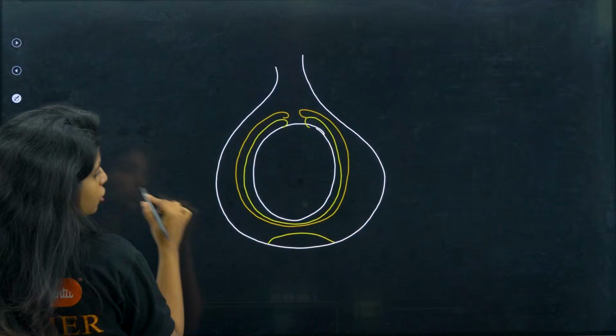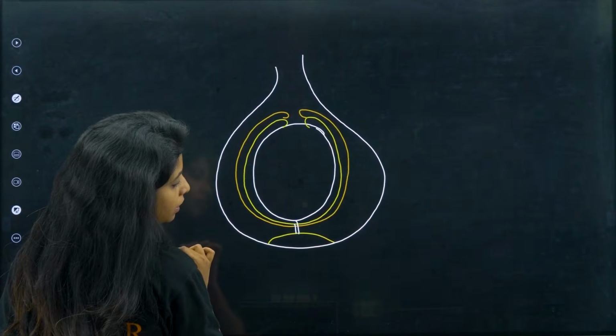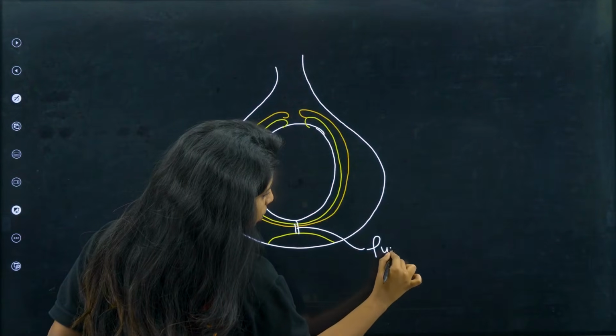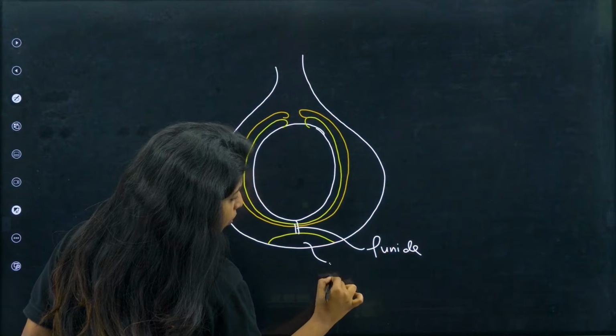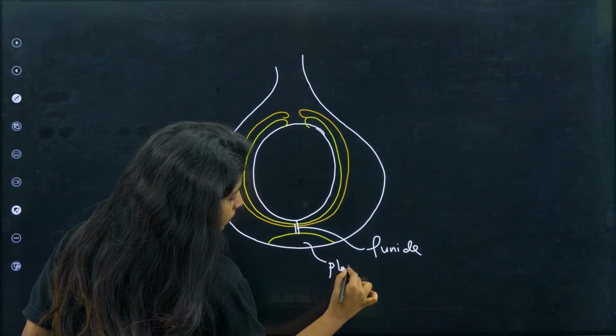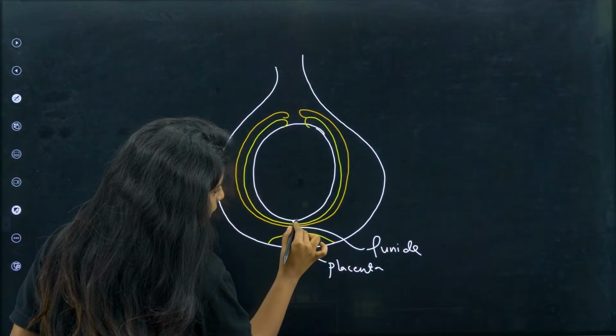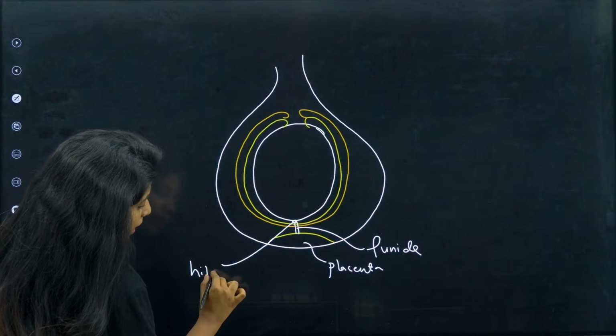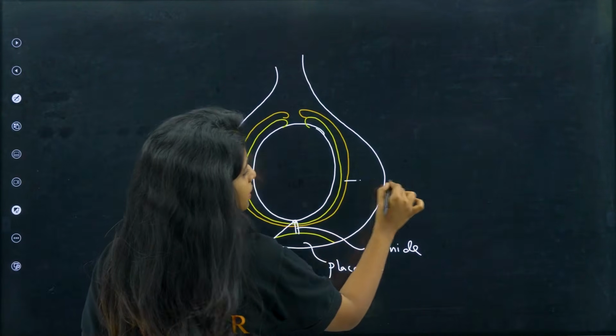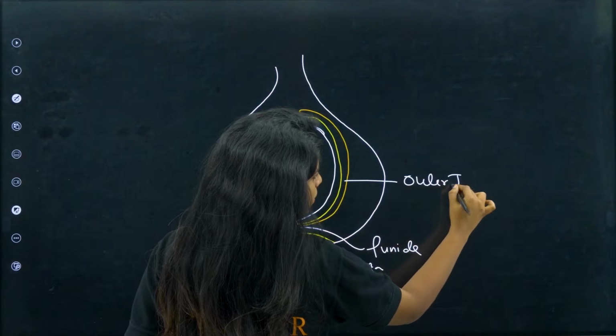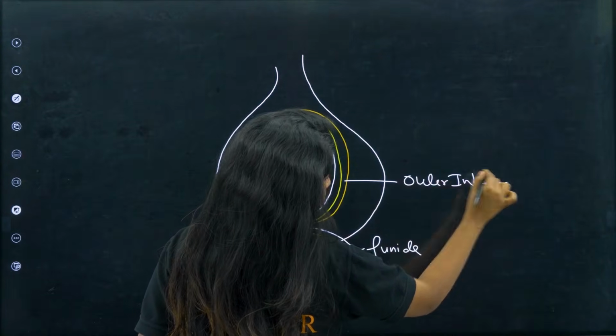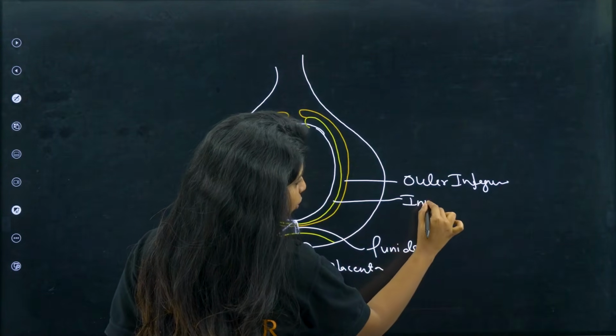And then there is a structure which will be providing nourishment, and this is known as funicle. This is your placenta. The point where it attaches is known as hilum. This is the outer integument. This is the inner integument.